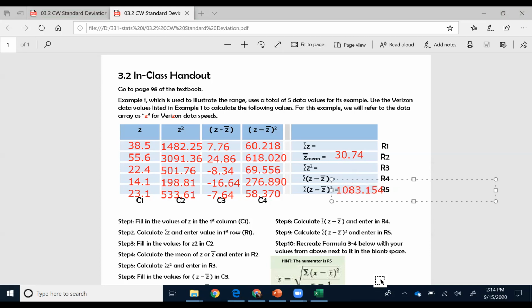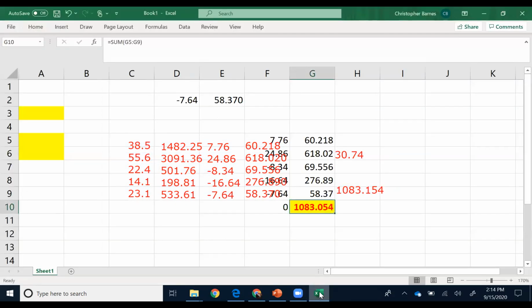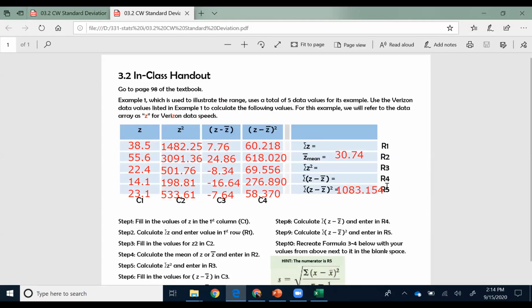All right, so that value's here. Let me double check just to make sure it's right. I might be one decimal point off. 054. All right. There we go.